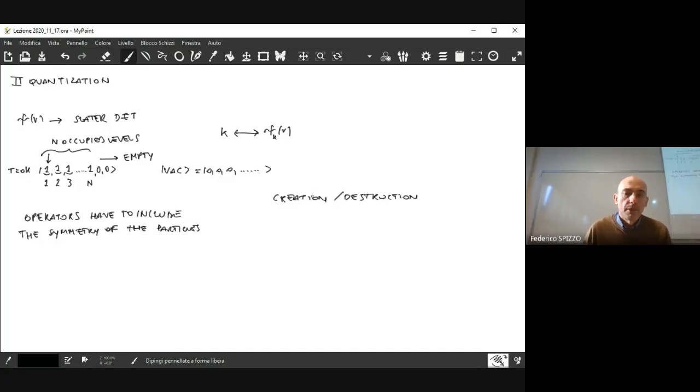And the name of the operator gives an idea of what the operator does. So creation operator means if you apply that operator to a state of the system, that operator will inject one electron into a specific level.